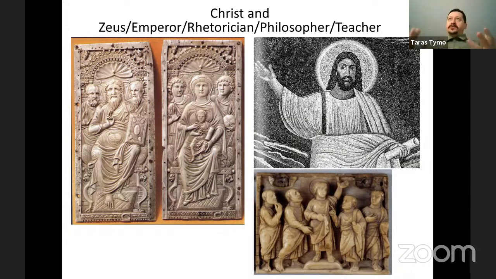If an imperial decree was issued, they would have a scroll which they would read, and the reading was accompanied by rich use of gestures. Here we have another example of Jesus as a teacher or as a philosopher, speaking to his disciples or just a crowd of disciples.